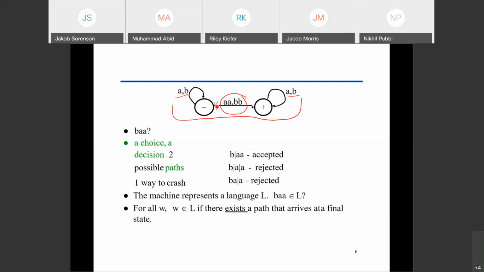This is an extra edge, because we assume that the alphabet is A, B. One state should have a maximum of two outgoing edges, one for A and one for B, and here this is an extra edge. So it is not taking care of distinct edges and letter-by-letter edges. So this is not a valid FA.